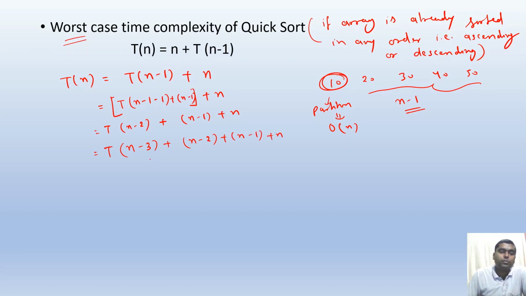So if you repeat this, how many times? We need 1 here. So for 1, how many times do we have to repeat? n minus 1 times. So this will repeat n minus 1 times. Why am I saying n minus 1 times? Because if you put n minus 1 here, the value will be 1. See this, I'm doing this.